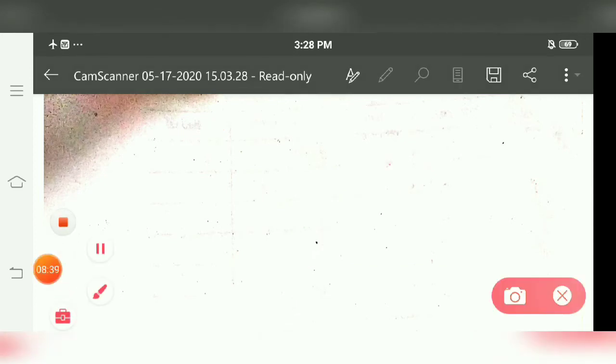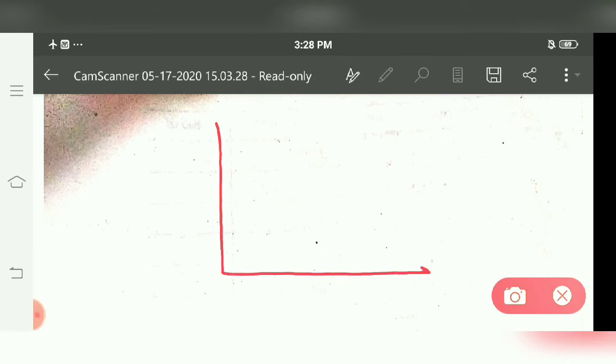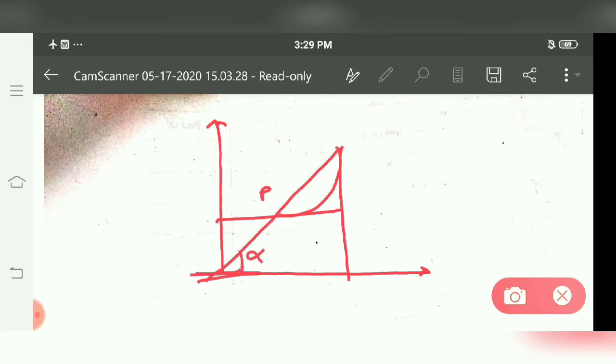Let me draw it more perfectly for you all. Q dash. Let this point be S, this point be E, or whatever you want to take this point.